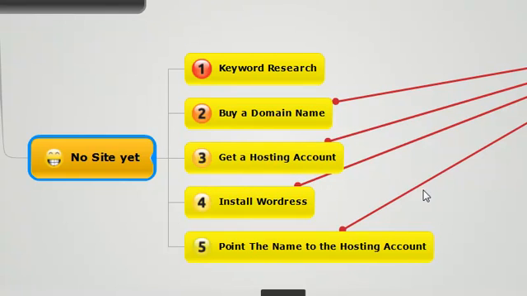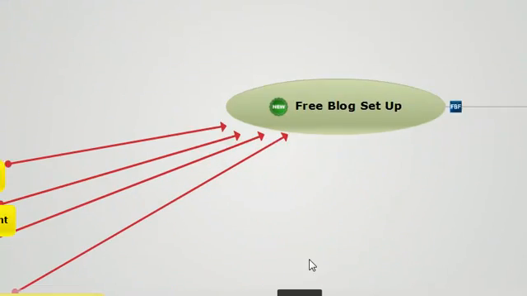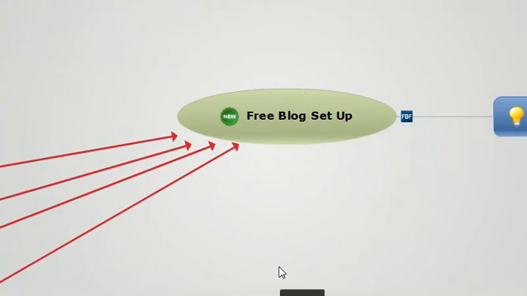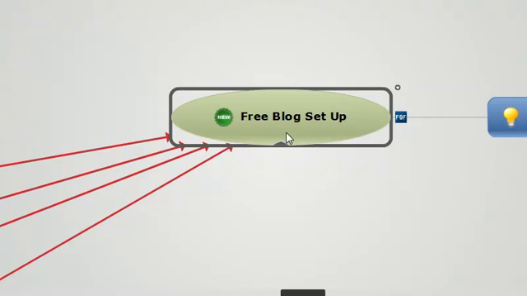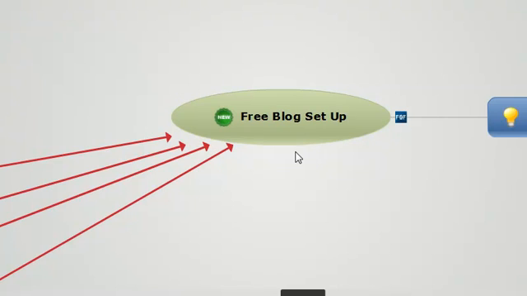Or these red arrows refer to our chums at the Free Blog Factory, who'll do all that for you. The reason they'll do that for you for nothing is because when you tell them what domain name you want, they'll set up the hosting, they'll install WordPress, they'll make it all look nice, and themes and plugins and so on, because they'll get a commission from the hosting account company.